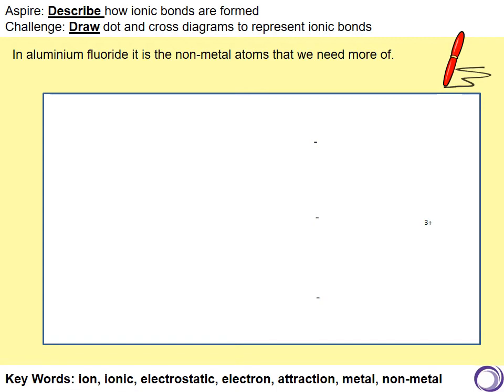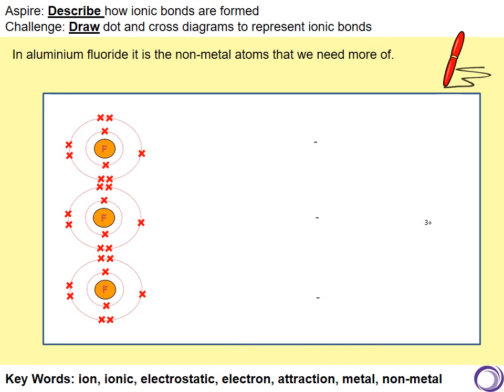In aluminium fluoride, fluorine is the non-metal atom that we need more of. So aluminium has 3 electrons in its outer shell that it wants to lose. But if it's reacting with fluorine, fluorine only wants to gain 1 electron.